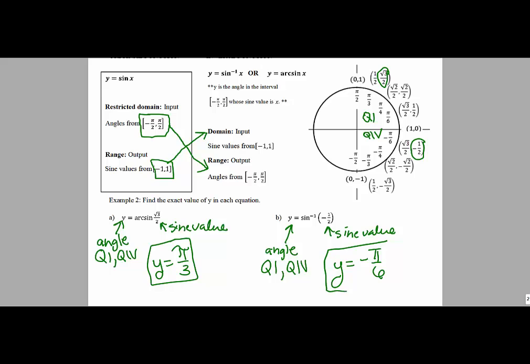So the inverse function would spit out negative pi over 6 as that angle. So if I put in a negative 1/2 sine, negative in, for that inverse function, we get a negative value out. And that's all because of the restricted domain and range, so that the inverse function could be 1-to-1.